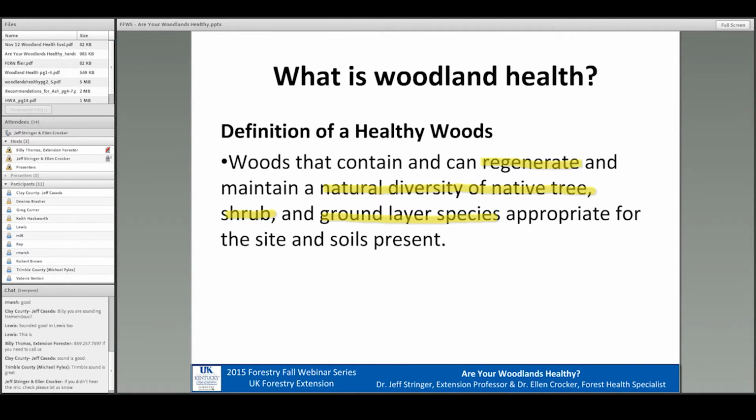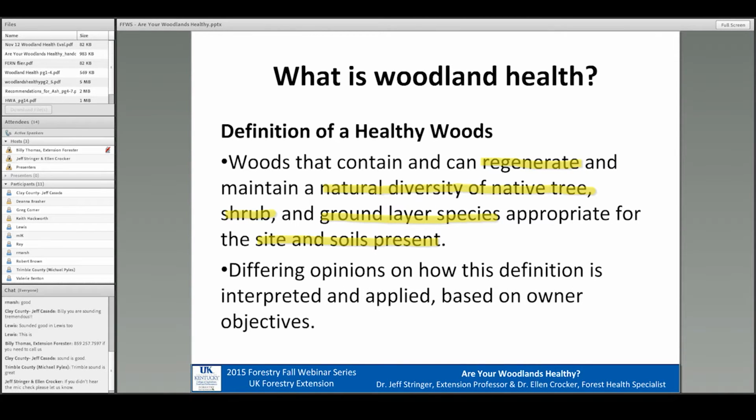You have to be thinking about the entirety, from the roof of the forest at the canopy all the way down to the ground layer. And of course, what should be there are things that are important to be growing and appropriate to be growing on the sites and soils that are present there. So I hope that makes sense to you, and we'll elucidate some of this as we go through.